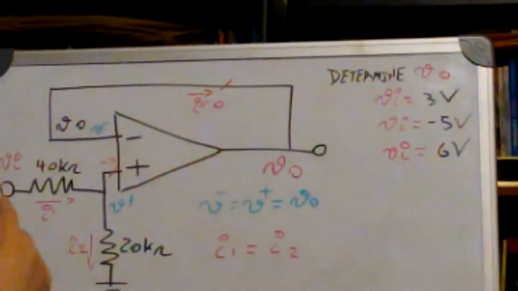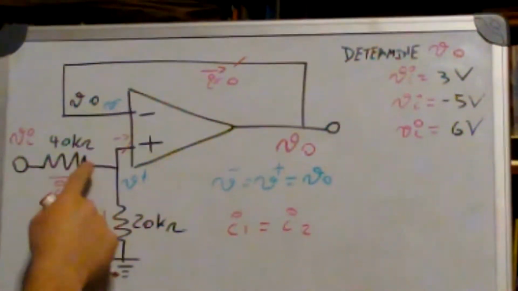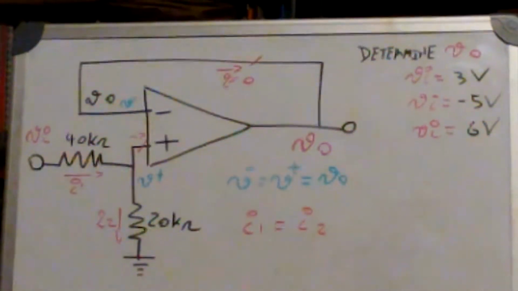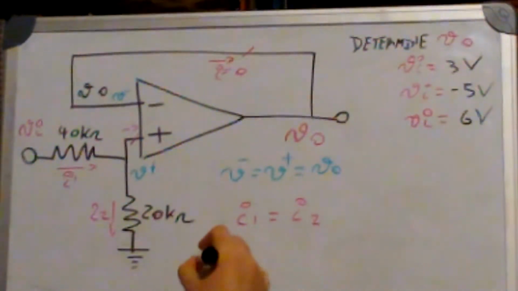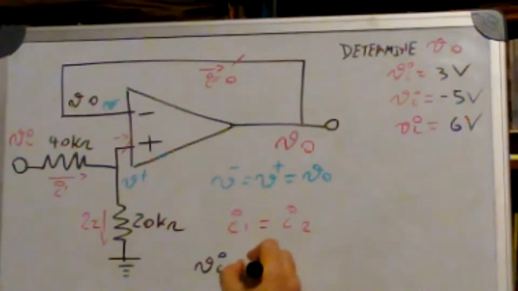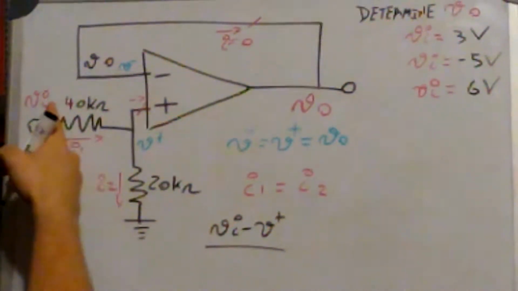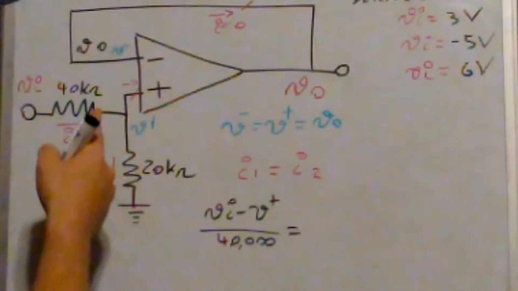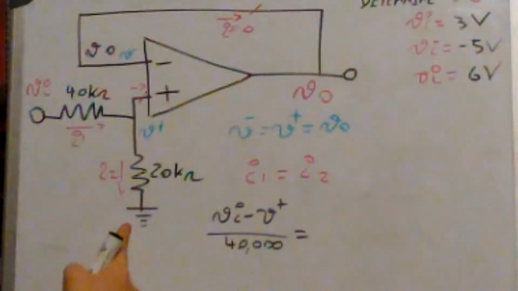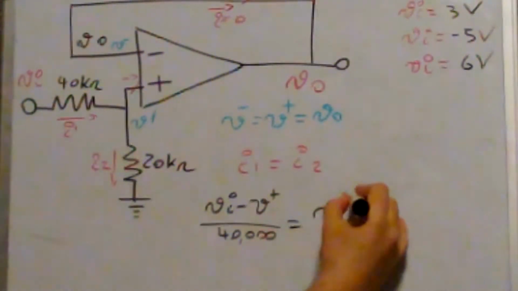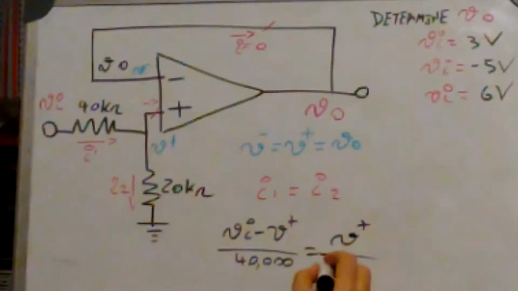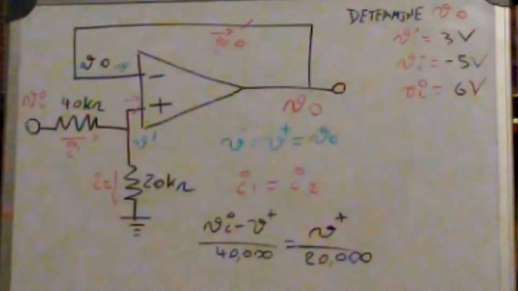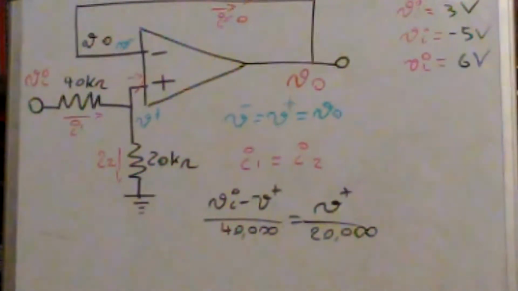Let's define Vi minus V plus, over 40K, equal to V plus minus ground, that's 0, so just V plus, over 20K. I'm going to multiply by 40K at both sides.